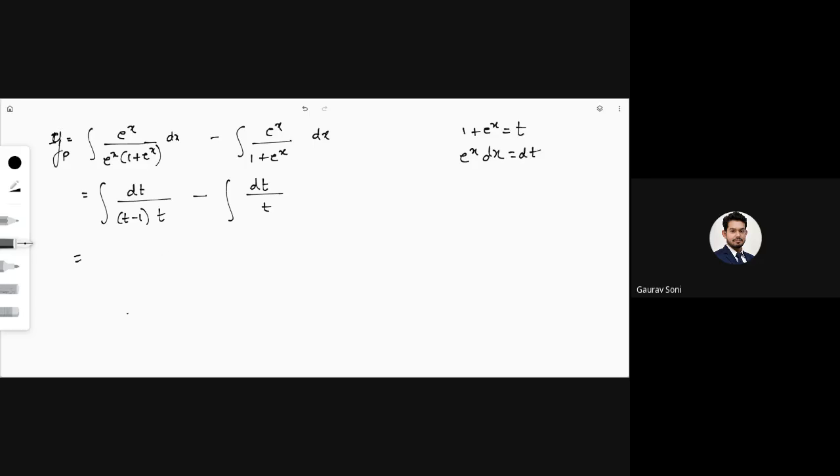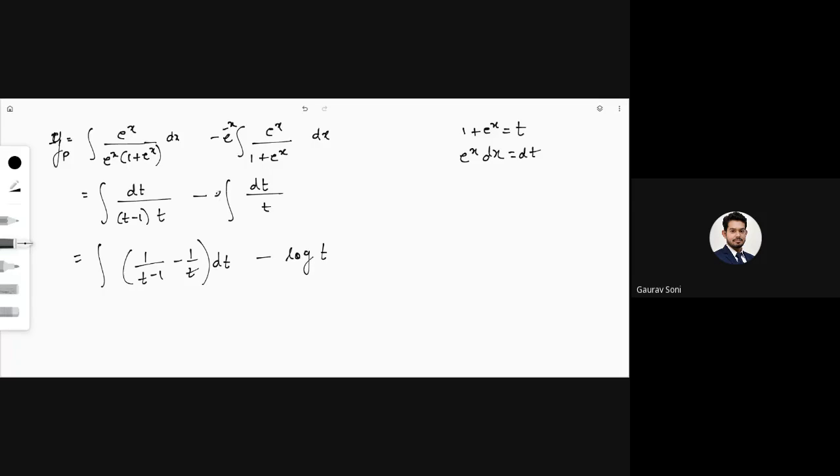In the first one, use the partial fraction once again, and the partial fraction will be 1 upon t minus 1 upon t dt, minus integration of 1 upon t is log t. There was one more term outside this that was e to the power minus x.